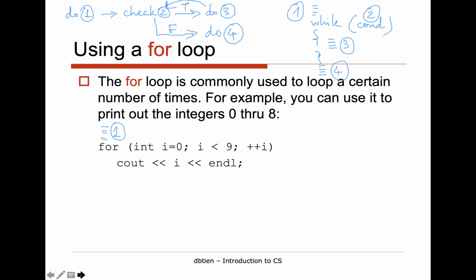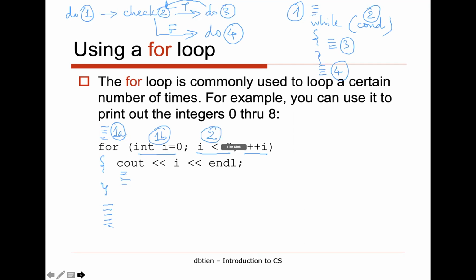In the for loop, if you see here, we have 3 parts. And if you have many statements here, you will open and close. You can have many. So I call this one 1A, and this one 1B. This one is 2.